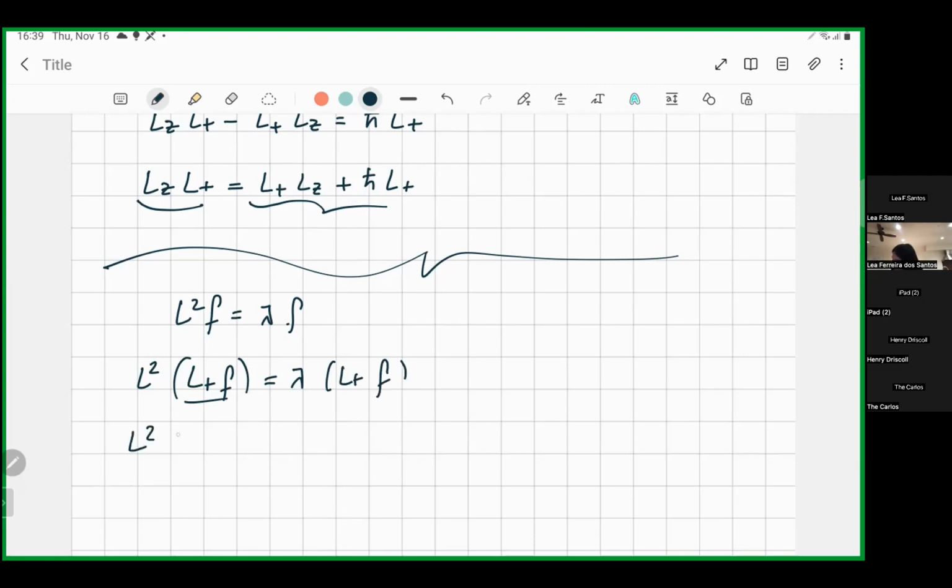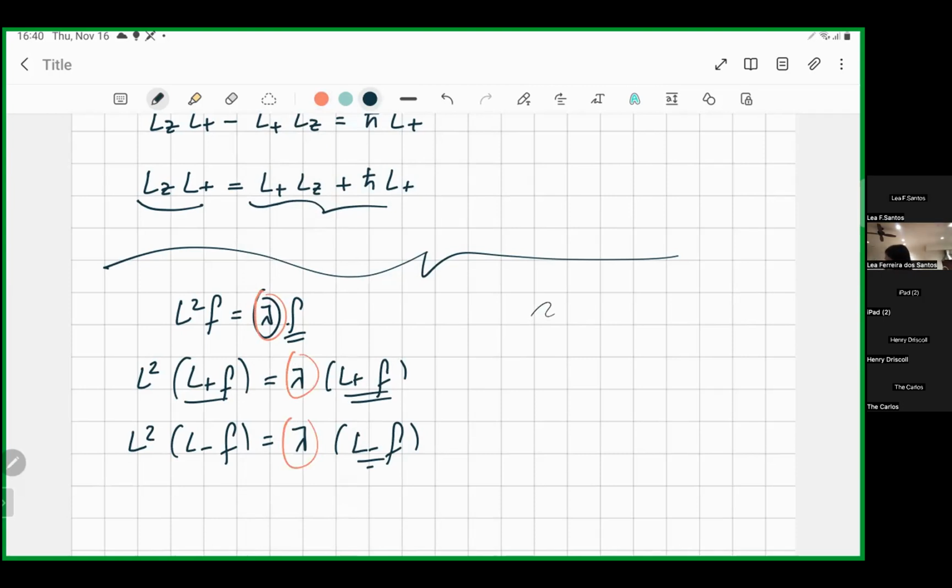And L minus f will also be an eigenfunction with the same eigenvalue. So for the L square, this function or any raising function, lowering function, they all have the same eigenvalue lambda. So they're all degenerate here.